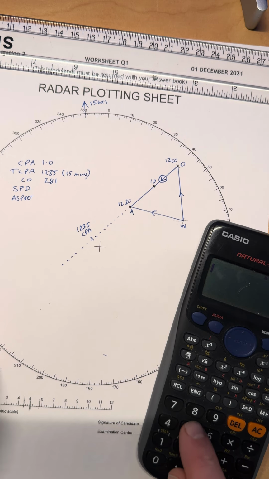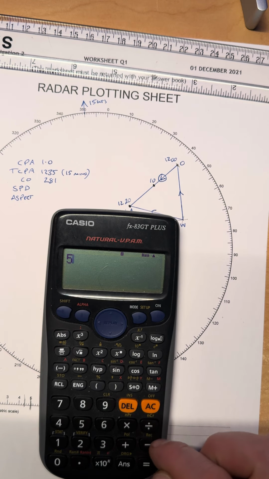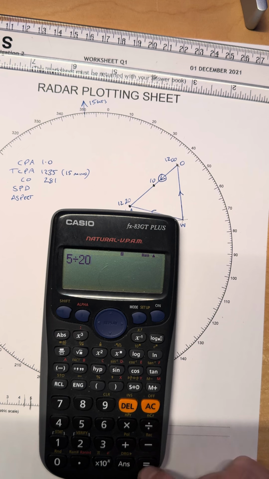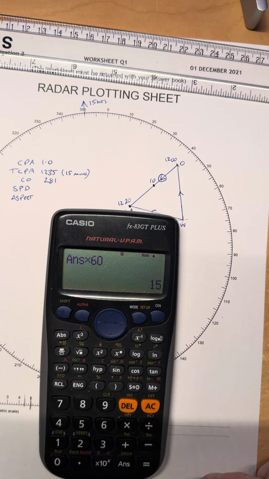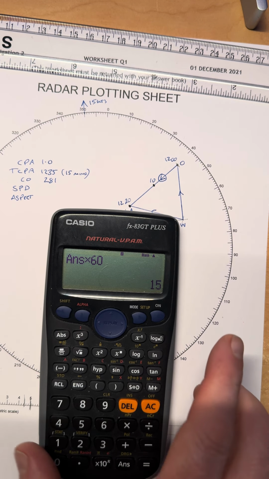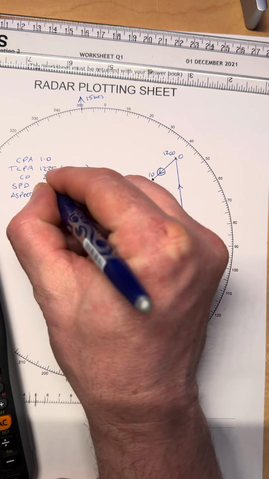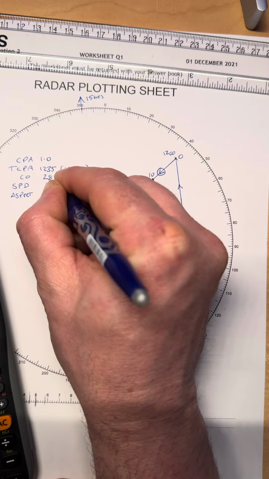To figure it out, I'll take 5 miles, divide it by 20 minutes, because that's the distance he's going in 20 minutes. Then multiply that by 60 to see how far he would go in an hour, and it's 15 miles. So his speed would be 15 nautical miles per hour, so it's 15 knots.